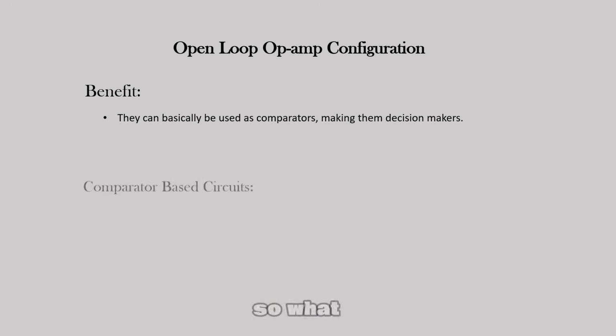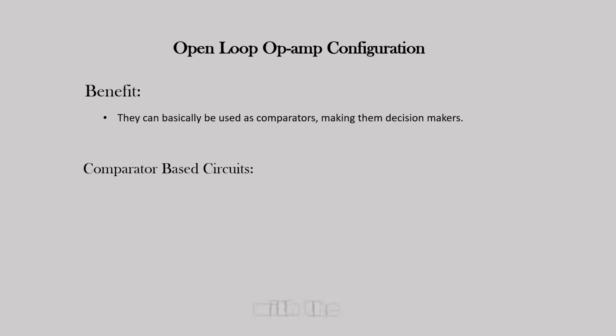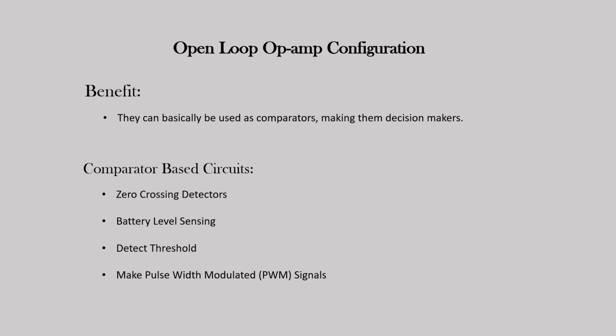Okay, so what kind of circuits can we make with the open loop op-amp configuration? We have circuits like the zero crossing detectors. Okay, so you want to know when a certain signal crosses 0 volts. So when it crosses 0 volts, you have an output, and maybe a microcontroller to detect that output voltage being given off, and then using that, of course, carry out a sequence of events.